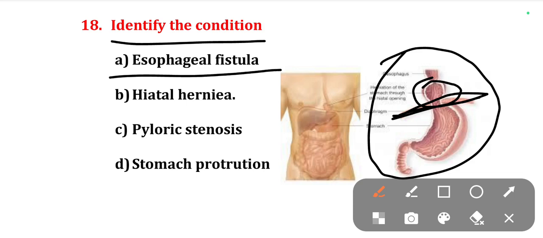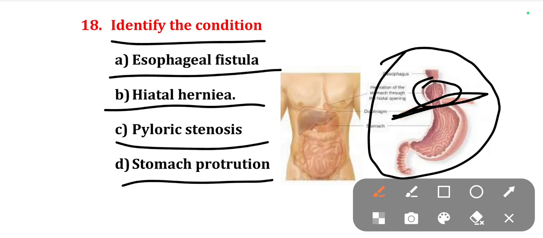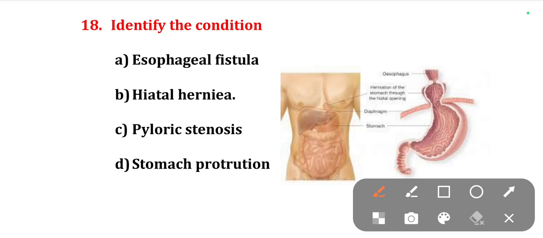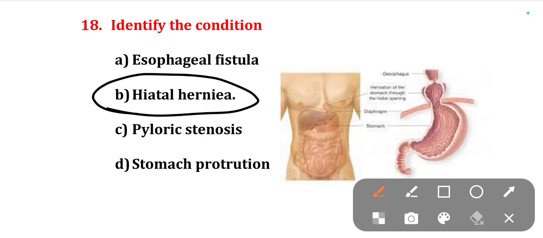Options are esophageal fistula, hiatal hernia, pyloric stenosis, stomach protrusion. That is hiatal hernia. In hiatal hernia, we can see the starting part of the stomach and the ending part of the esophagus.